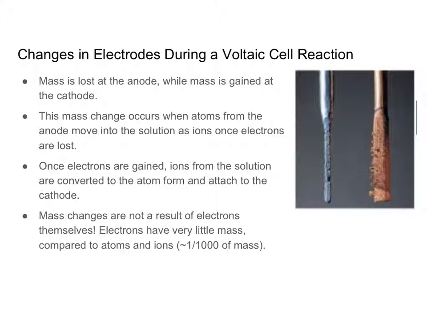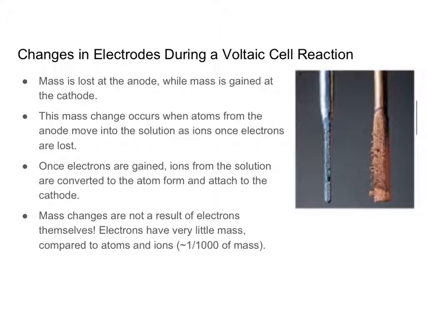So the mass change themselves is really the atoms either coming off of the anode, or they're being added to the cathode. Because electrons are so incredibly small, even though they're being transferred from one side of this cell to the other side, they're not the reason why we have a mass change.